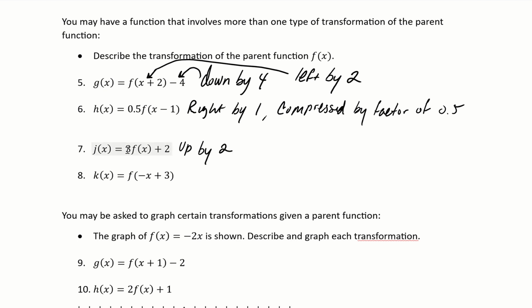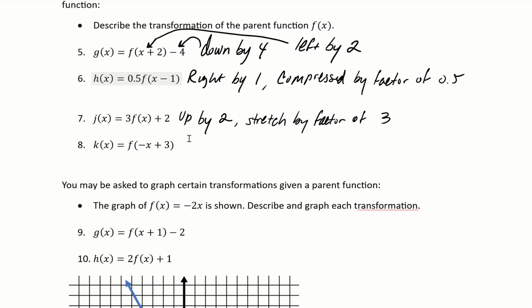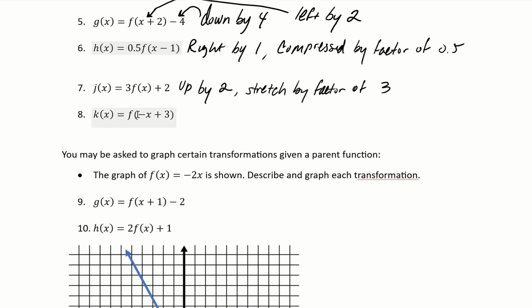And because there's a number we're multiplying f of x by outside of f of x and it's greater than 1, I'm stretching by 3. Okay, and then last one in this section, f of negative x.